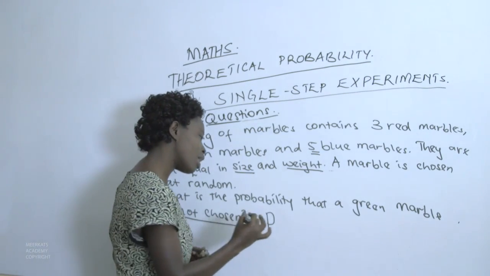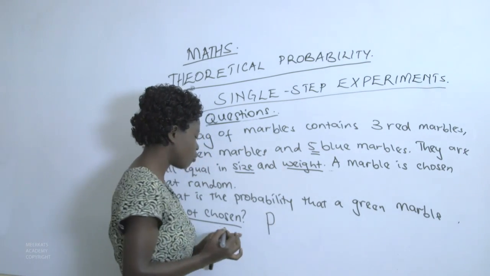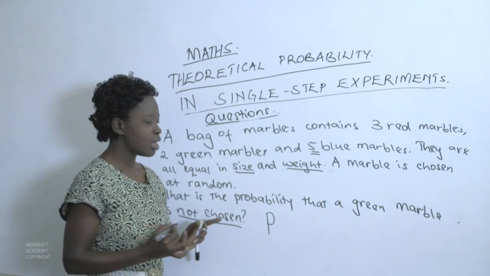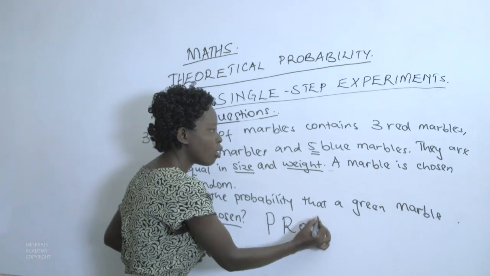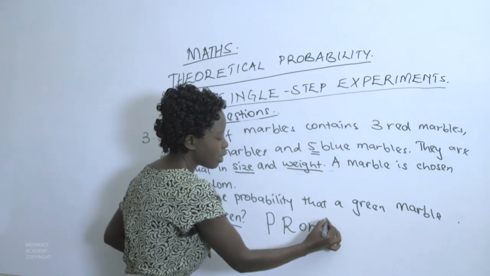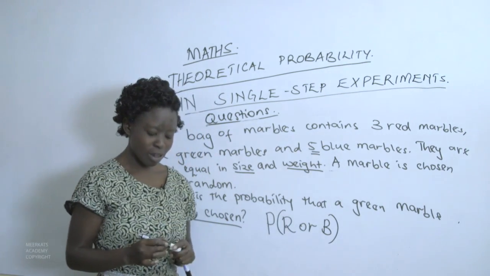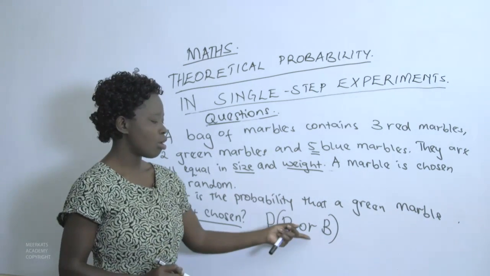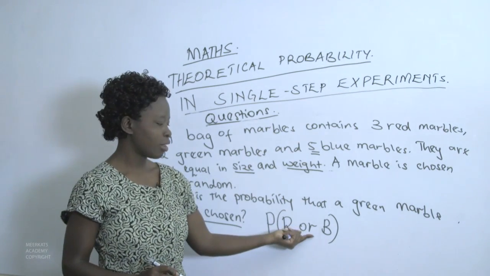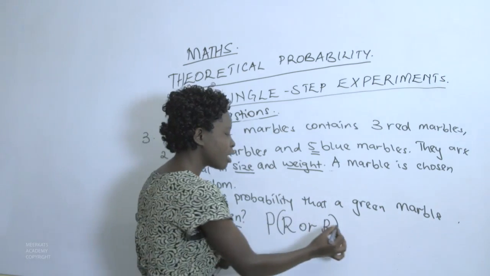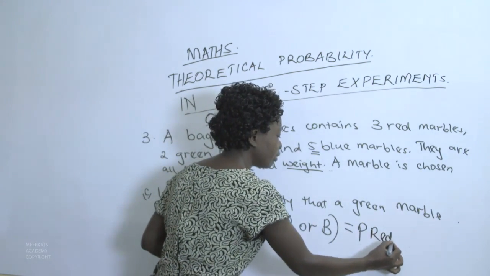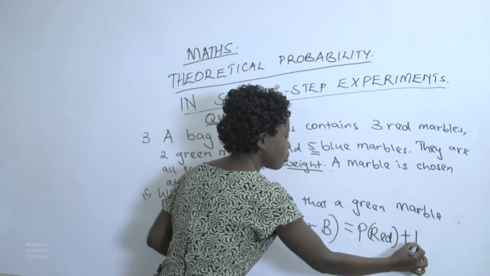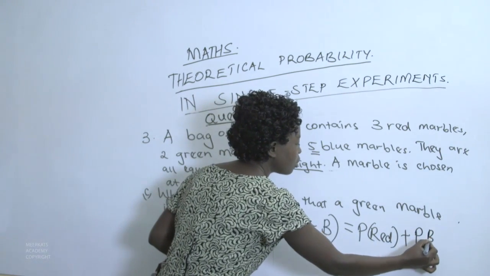It is important to note that when you are using 'or' in probability, it simply means we add the probability of choosing red plus the probability of choosing blue.